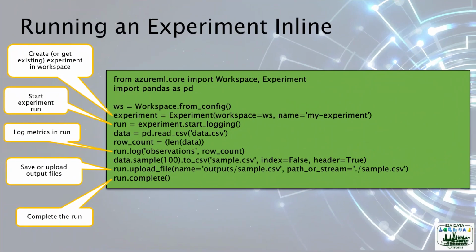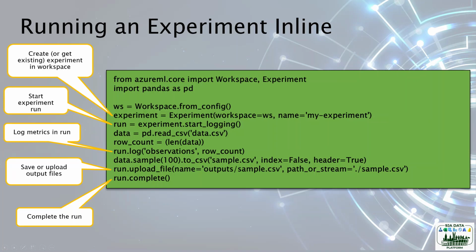And this is an example of an experiment. We are seeing here some packages being called in from the Azure Machine Learning Core, and this is coming from Python, right? We are identifying the workspace, so we'll discuss what a workspace looks like in the Azure Machine Learning environment or studio. We're either creating or getting an existing workspace.